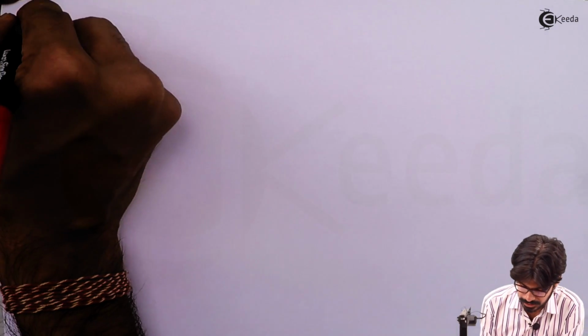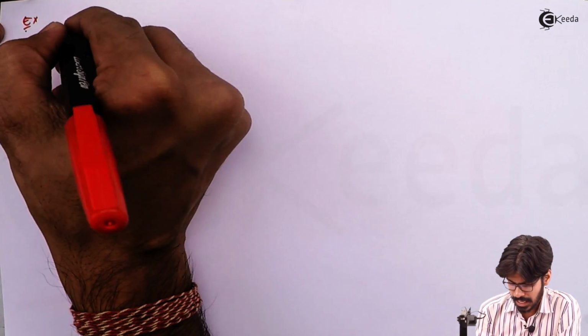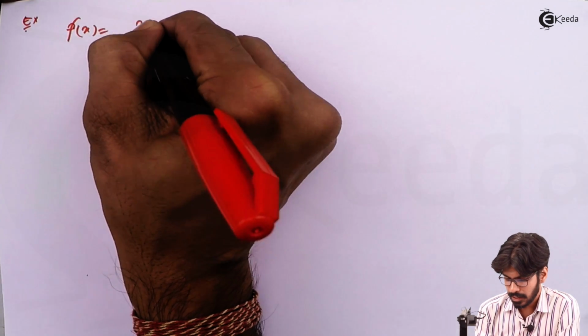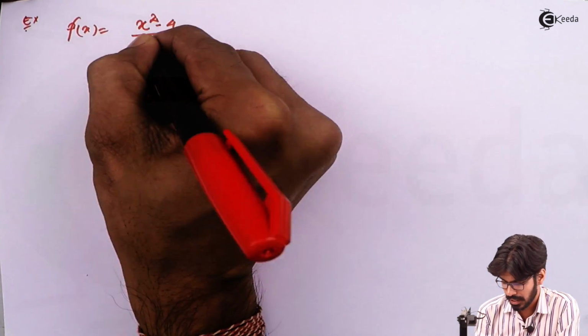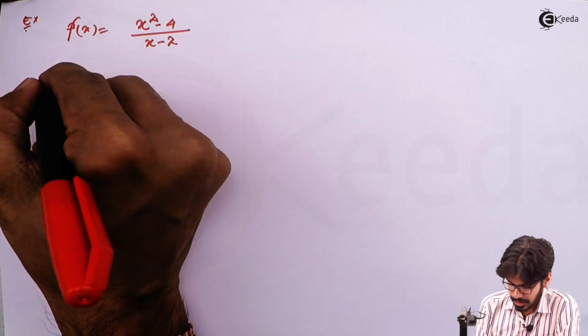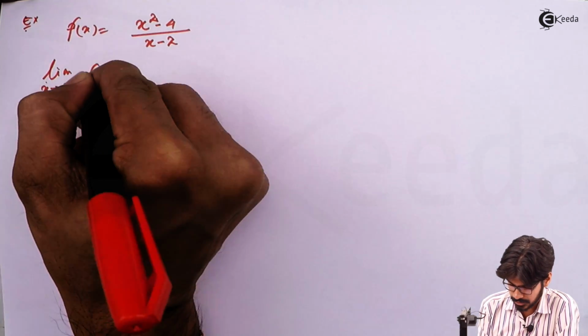Let us consider another example. If we consider f of x equal to x square minus 4 upon x minus 2, and limit x tends to 2 of f of x.